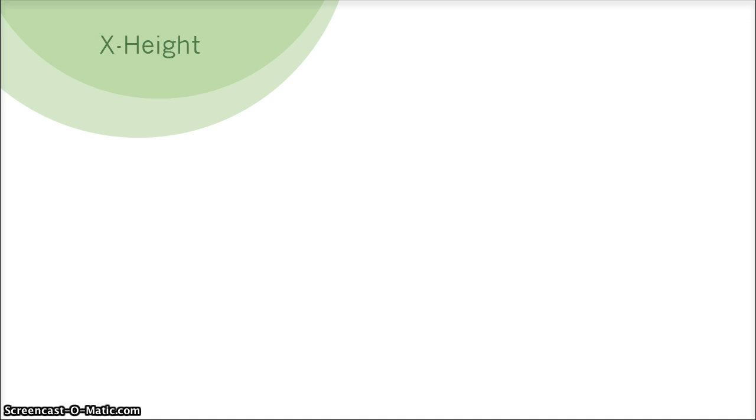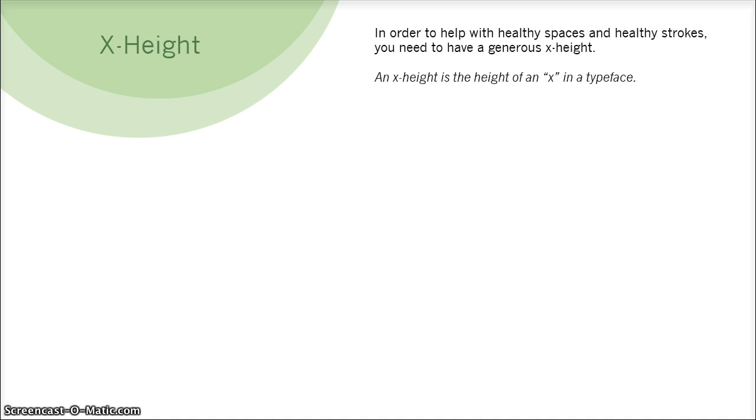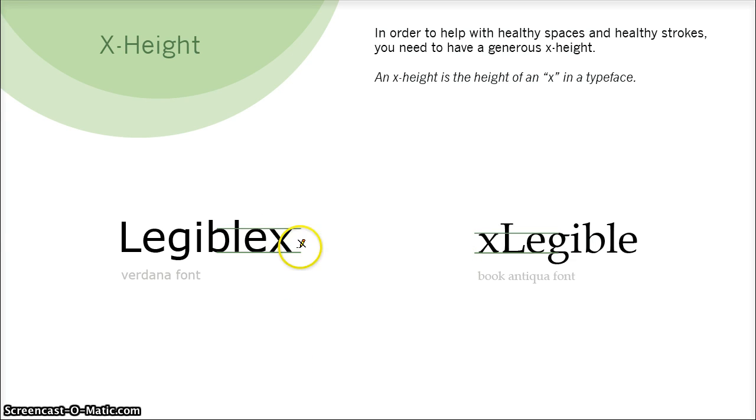Now, let's talk about X height. In order to help with healthy spaces and healthy strokes, you need to have a generous X height. An X height is the height of an X in a typeface. So if we look at this X, this is a Verdana font, and this X in a Book Antiqua font, you notice there is a different height.